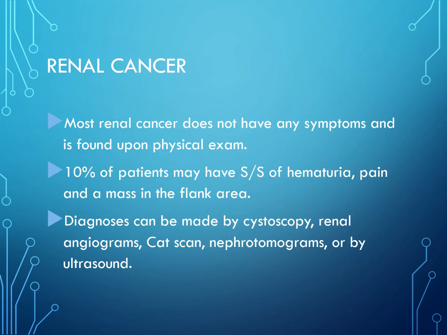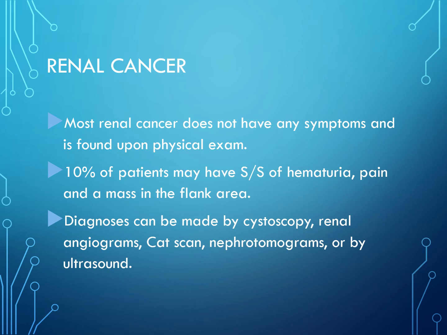And renal cancer, just talk a minute about this. Only about 3% of all cancers in adults will account for renal cancer deaths. Only about 10% of patients may have signs and symptoms of hematuria, pain, and a mass in the flank area. Diagnosis will usually be done by cystoscopy or angiogram, or CAT scan, or ultrasound.